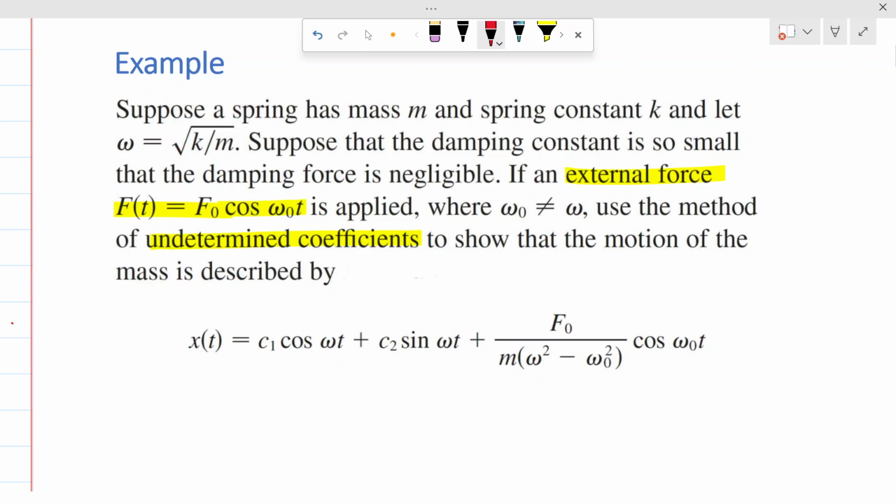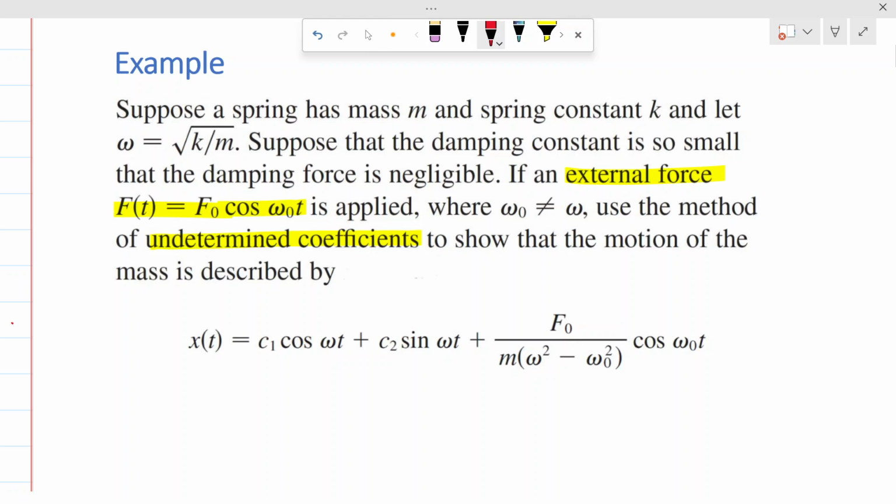Therefore, if an external force F of t equals F naught cos omega naught t is applied, where omega naught is not equal to omega, use the method of undetermined coefficients to show that the motion of the mass at time t is described by the following equation.